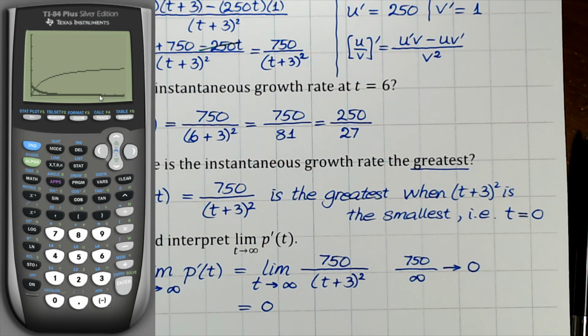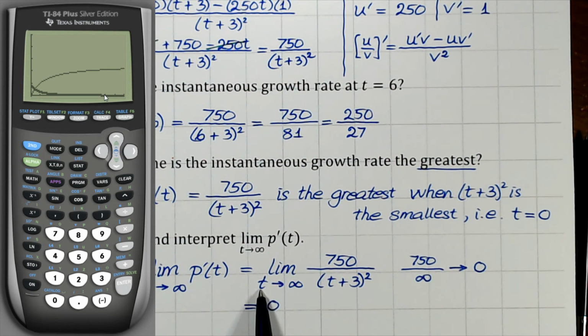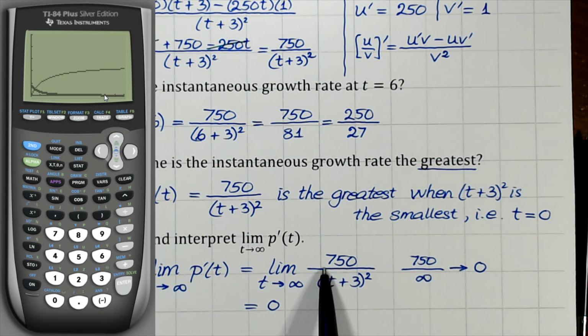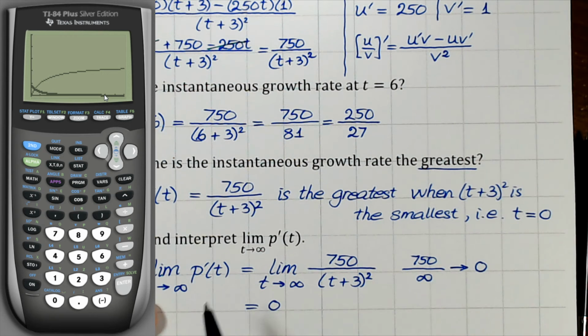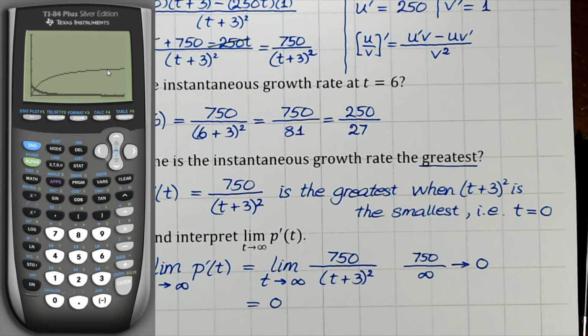It does not go below the x-axis; the derivative cannot be negative. In fact, what we see here is that as t goes to infinity, the derivative goes to 0. Based on the graph, the function approaches a constant value, and the derivative approaches 0.